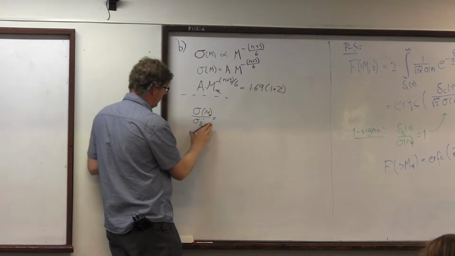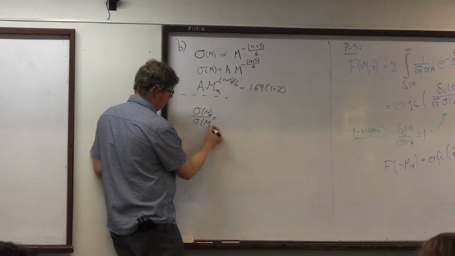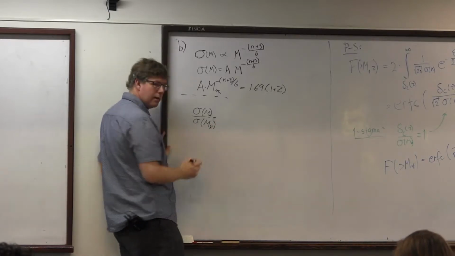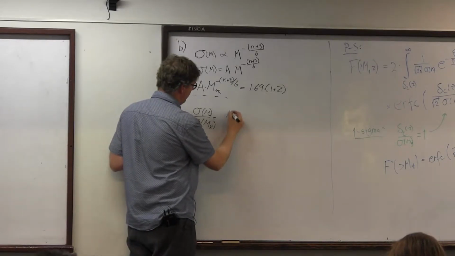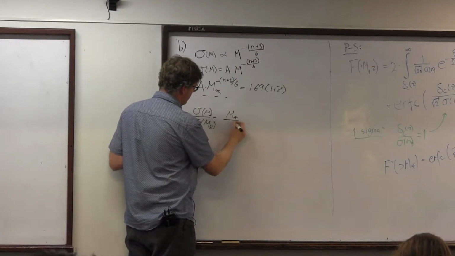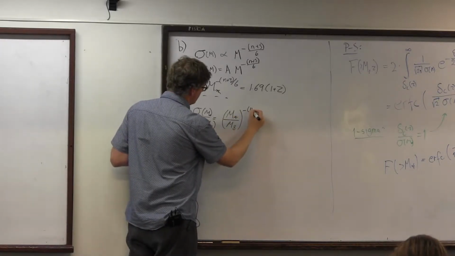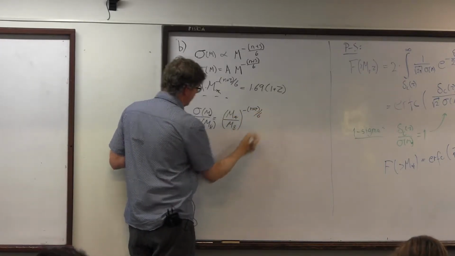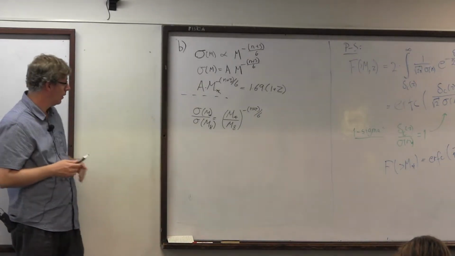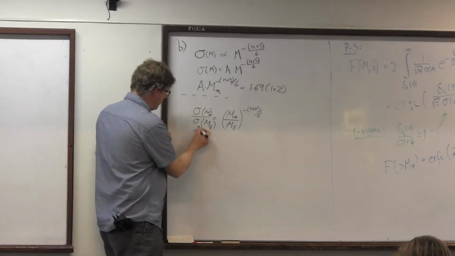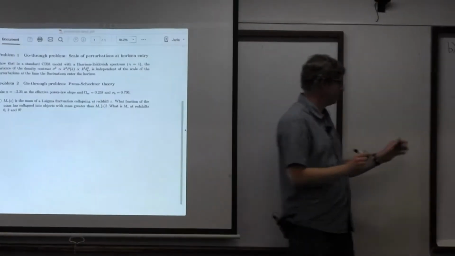Or more commonly, what people write is they write sigma of m8. Okay? And so if that's the case, I will have m star over m8 to the minus n plus 3 divided by 6. Okay? So now I got an expression for my sigma. This one I've been given in the problem set. I gave it as 0.796.